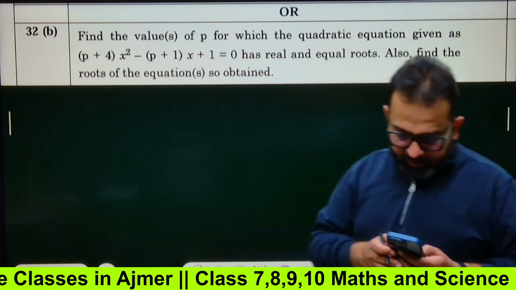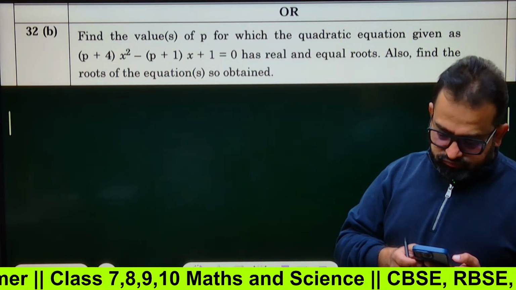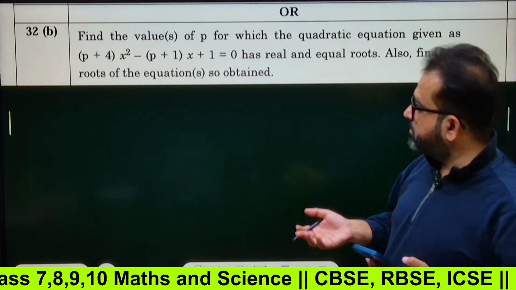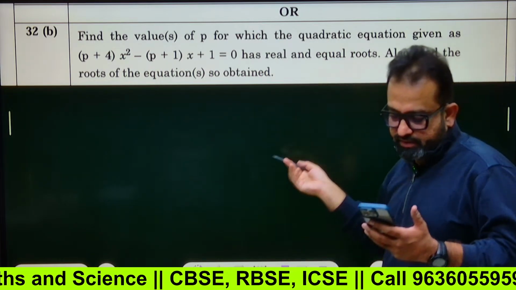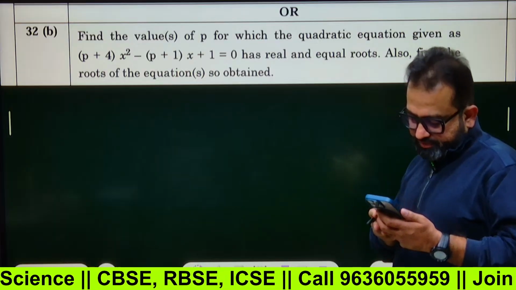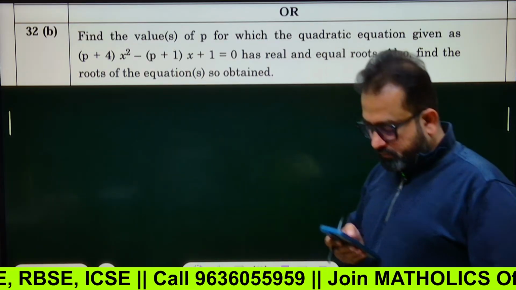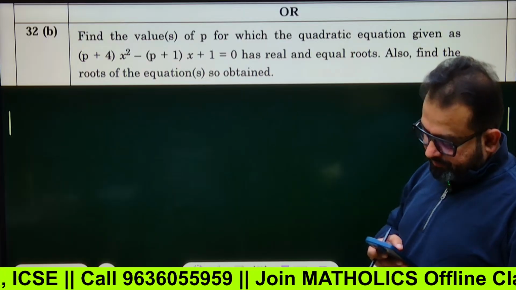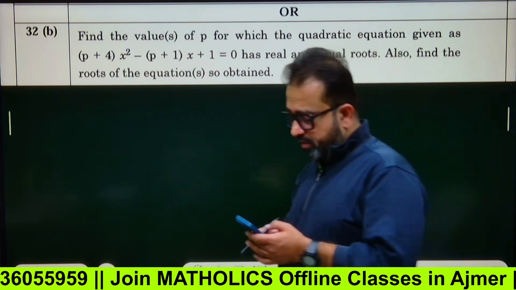You tell me one thing. How many of you know this concept for quadratic equation: find the values of p for which this quadratic equation has real and equal roots and like that? How many of you know this concept? Any one of you?